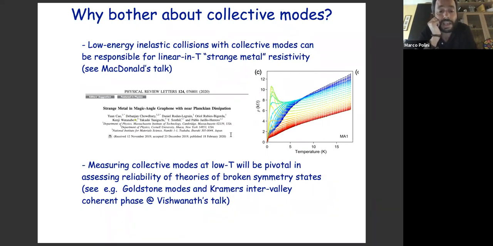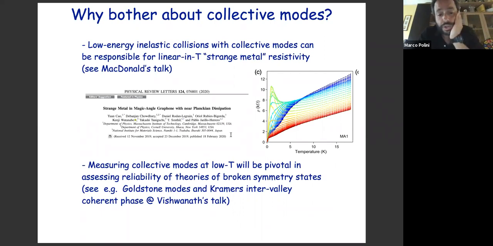Another example is that knowing the collective modes of the broken symmetry states enables us to understand and assess the reliability of many-body theories.